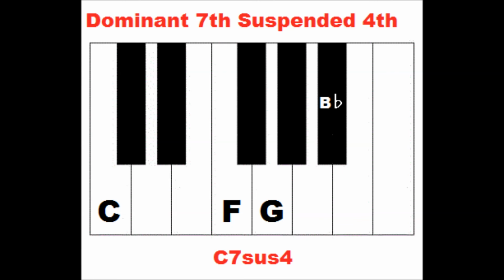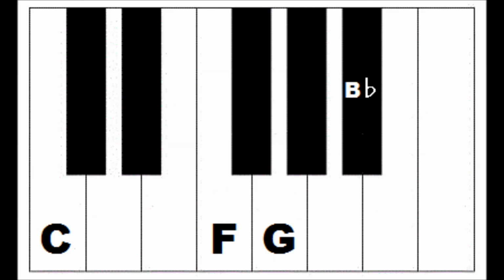With this chord, you play the root, perfect fourth, perfect fifth, and a minor seventh, or 1, 4, 5, flat 7. For instance, the notes of C7 Sus4 are C, F, G, B flat.